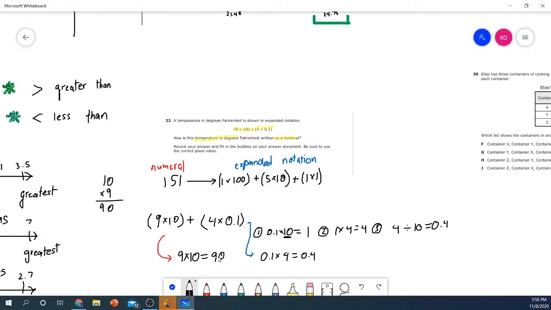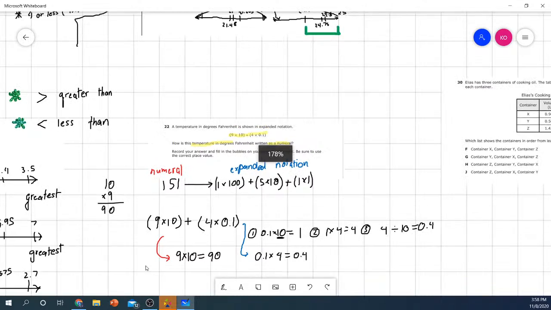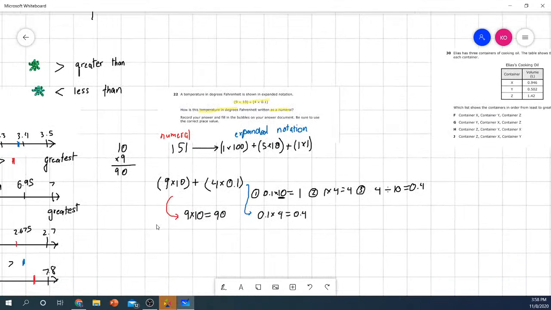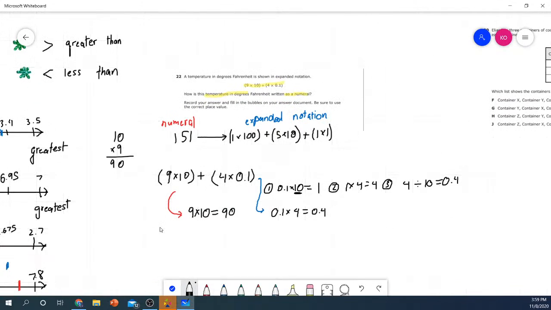So let's add 90 plus 0.4, and let me actually make some room. You would do 90, and 90 can also be written as 90.0, it's the same thing. And whenever you're adding, remember to align your decimals.